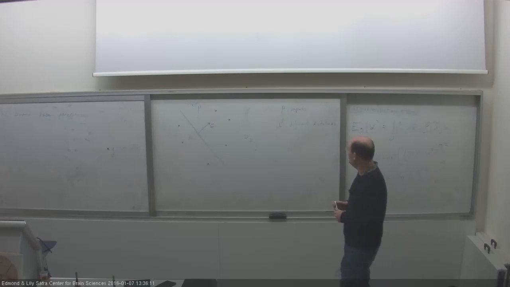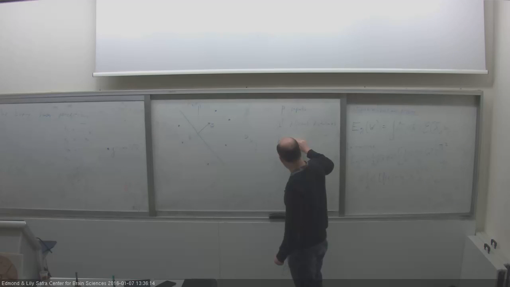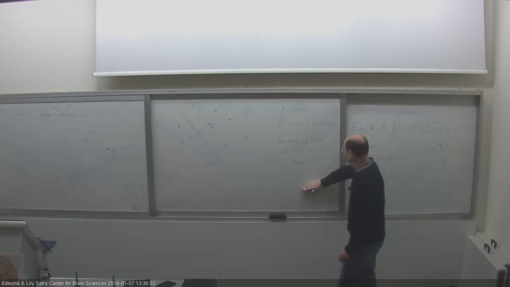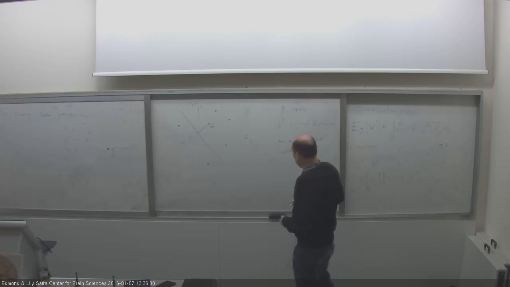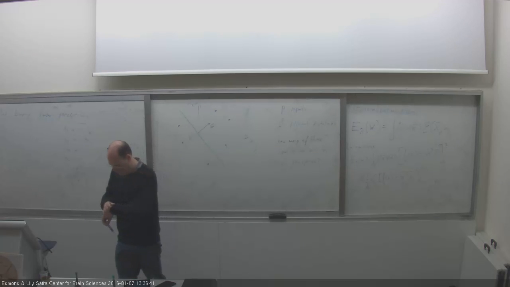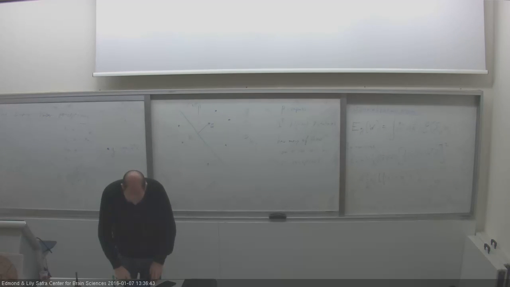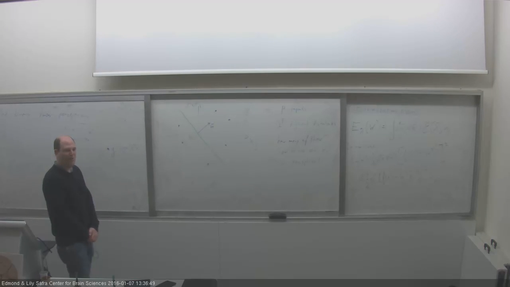Okay, so we can also ask how many of these can be realized by a linear perceptron. It turns out that the answer to this question is remarkably simple, in the sense that it doesn't depend almost on how we choose the points.